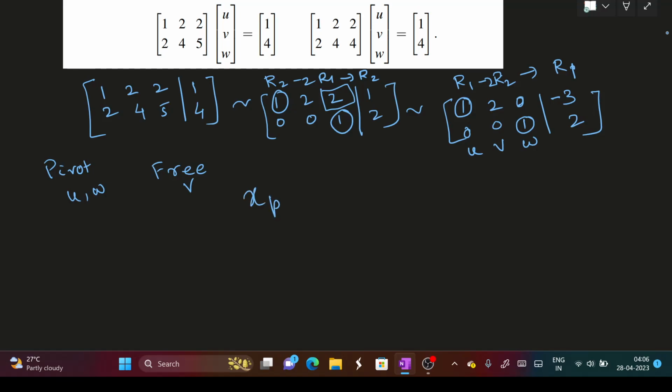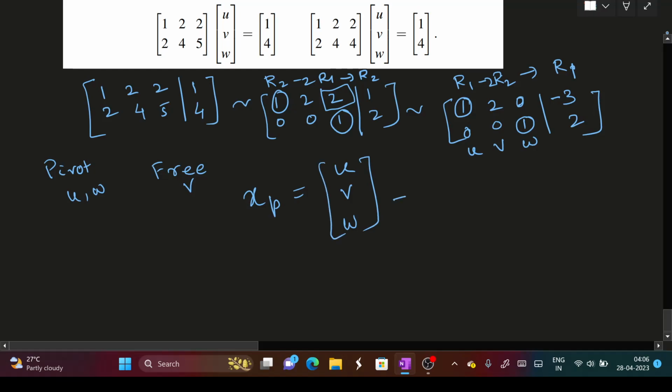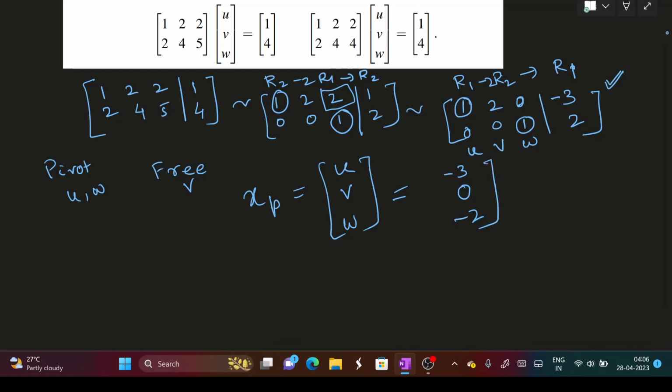As we have already discussed in the previous video, U, V, W. If it is in row reduced echelon form, mind it, then directly I can write the answer. So variable U has value minus 3, variable W has value 2, and all the free variables have value 0. This is my Xp.